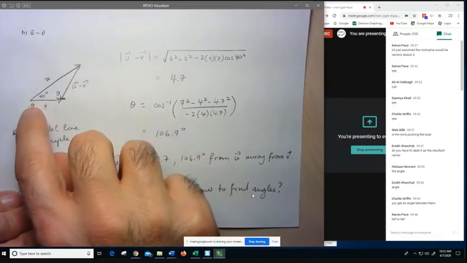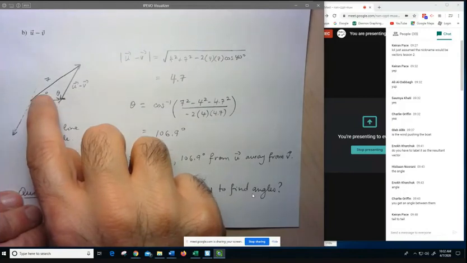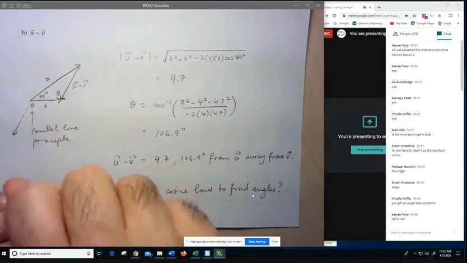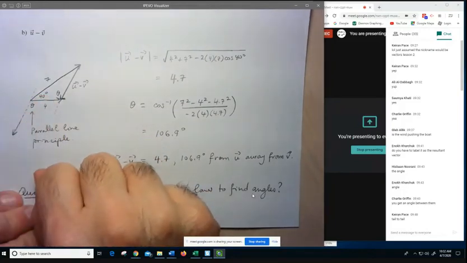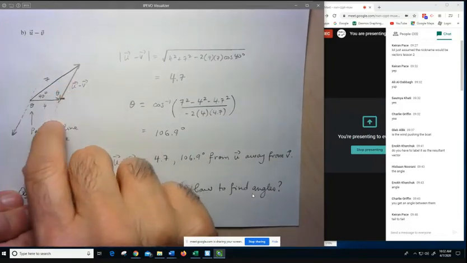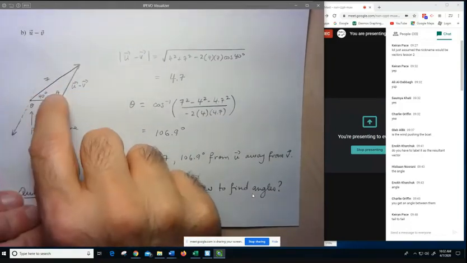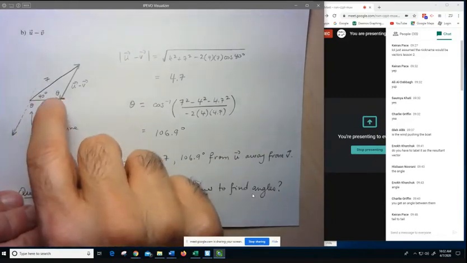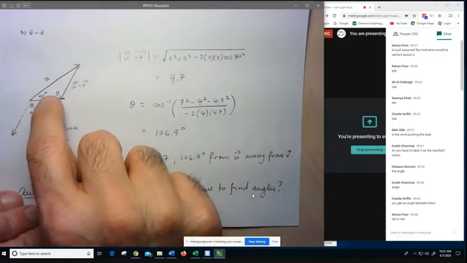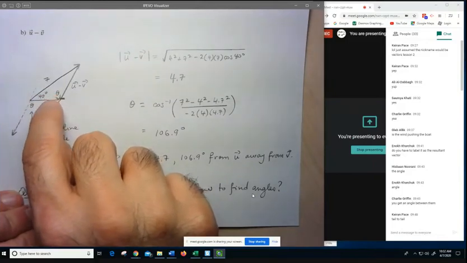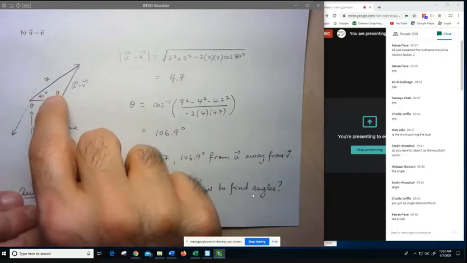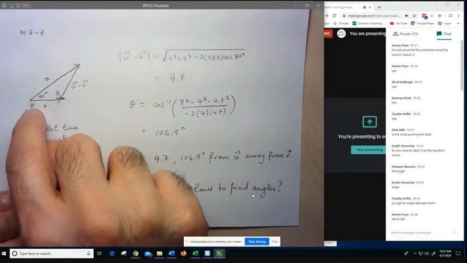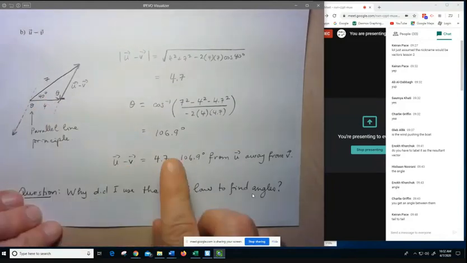So I moved it over so that it's with respect to the tip of u. Okay, again, parallel line principle: the two obtuse angles are equal. So the way I described it is 106.9 degrees from u away from v, because I'm moving away from the vector v.